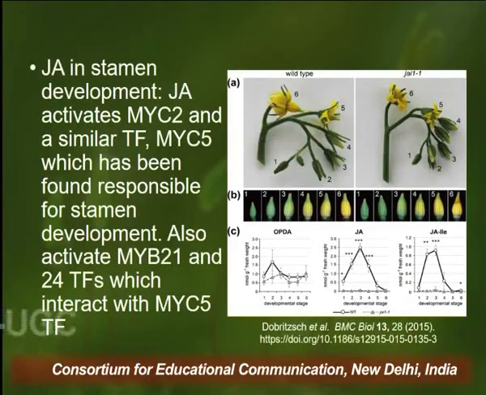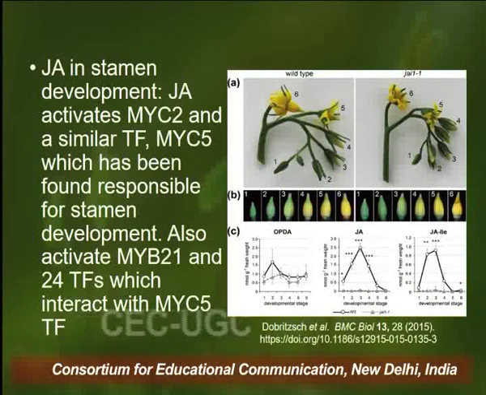Next I'll discuss the effect of jasmonic acid in stamen development, because it is another important effect. Till now we have discussed that jasmonic acid activates the MYC2 transcription factor, and along with MYC2, specifically in stamen development, it also activates another transcription factor, MYC5.